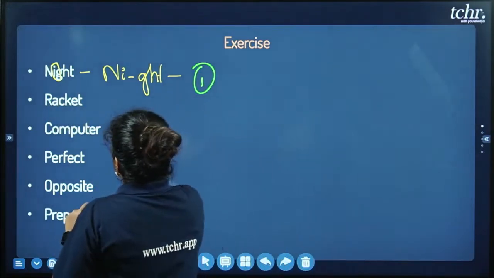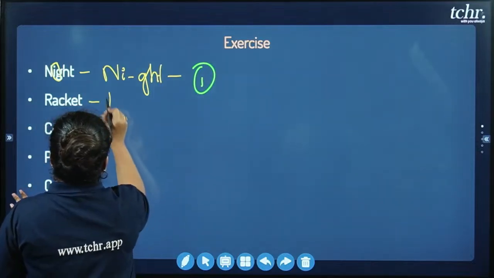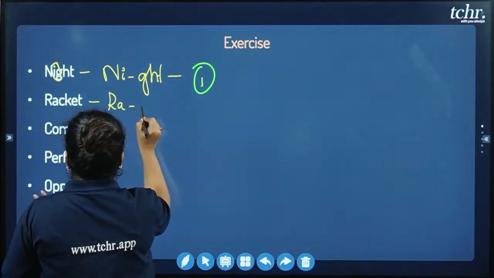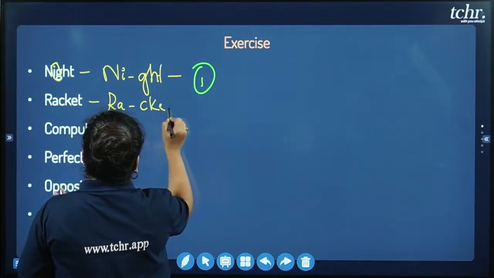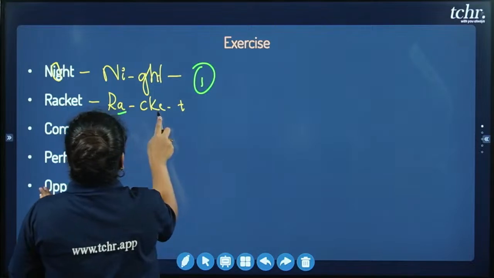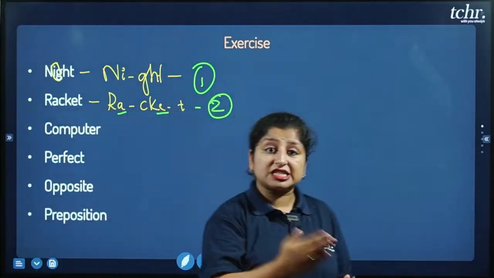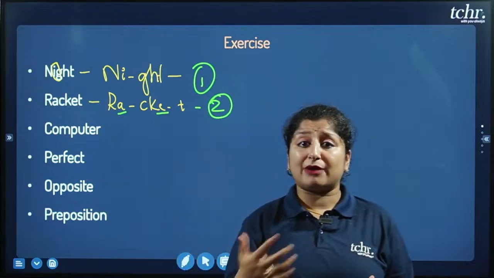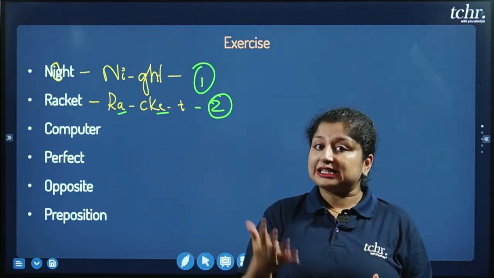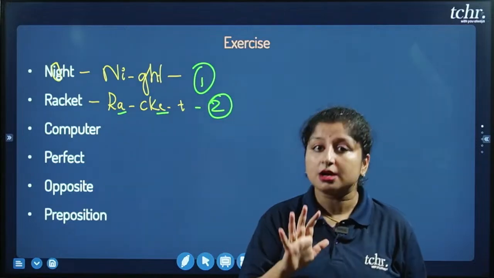Now, whereas if you look into it, racket. So how do I split it? Now, so I saw there are 2 syllables in it. So just split it based on the vowel sound. That is how you're supposed to count how many syllables are there in that particular word.